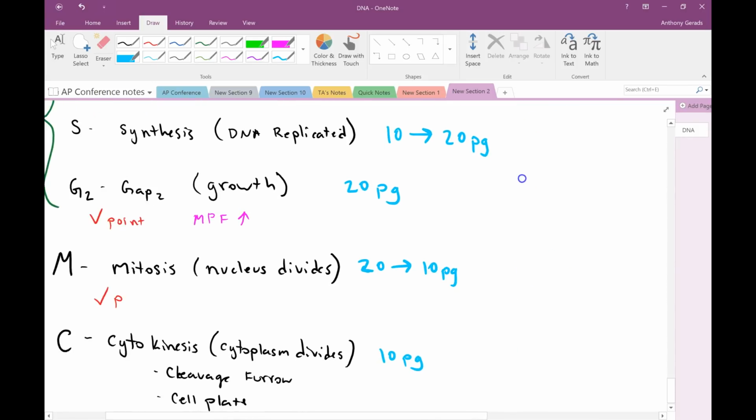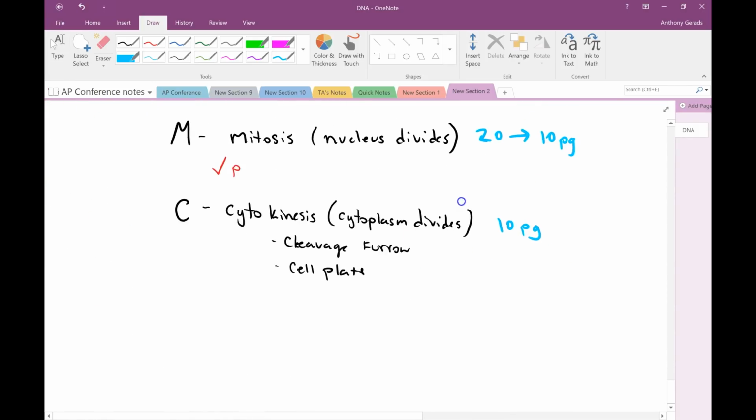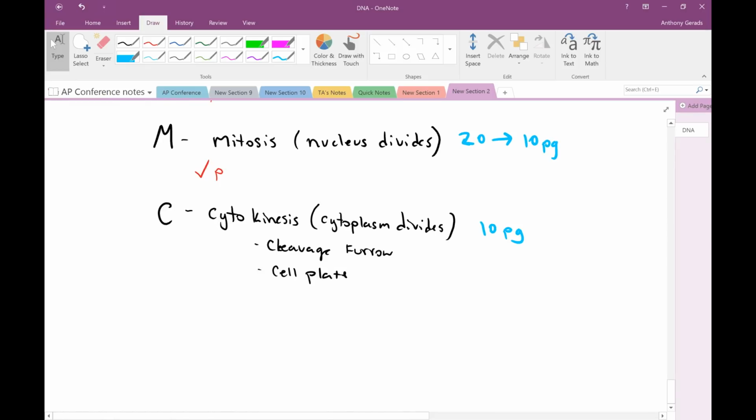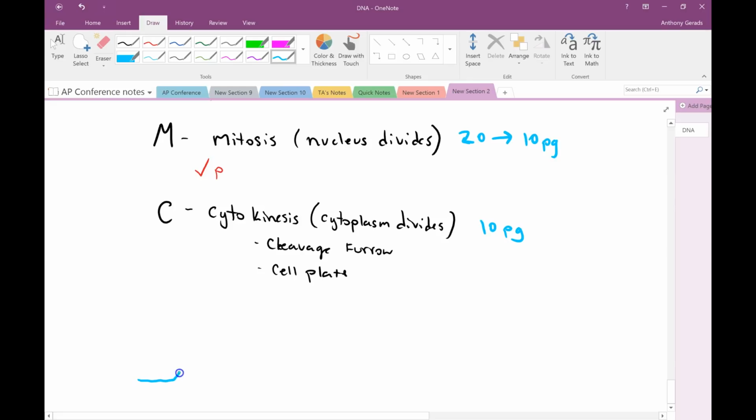So if I look at my DNA levels, my DNA is going to go G1, S, G2, M, G1, S, G2, M, okay? So that's what's going on there.